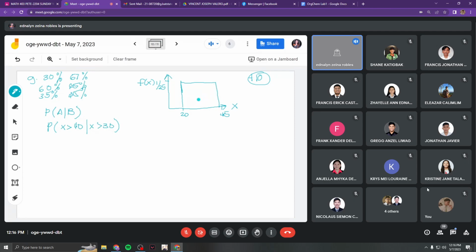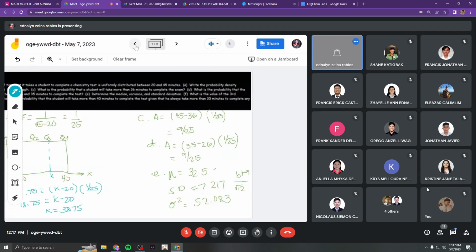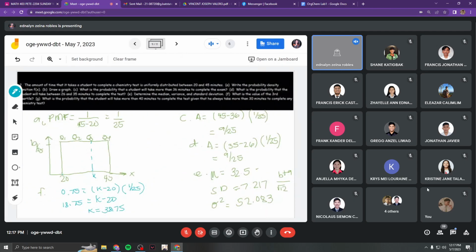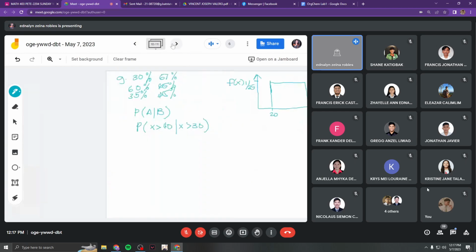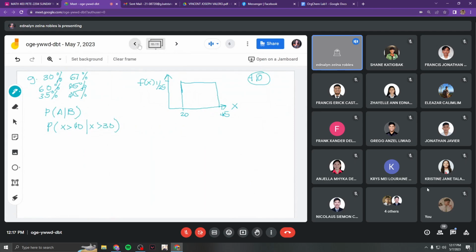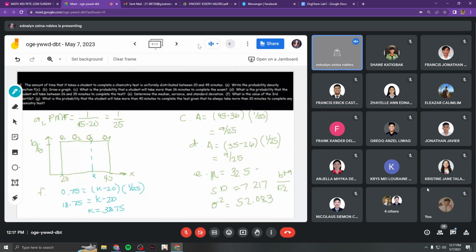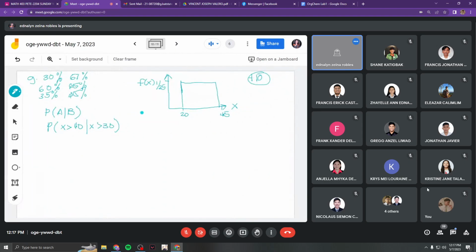And the question is: what is the probability that the students will take more than 40 minutes given that they always take more than 30 minutes to complete the test? So, ano ba yung formula natin kapag may given condition? Di ba sabi natin, if you can still remember our discussion, the probability of A given B is equal to the probability of A and B all over the probability of B.